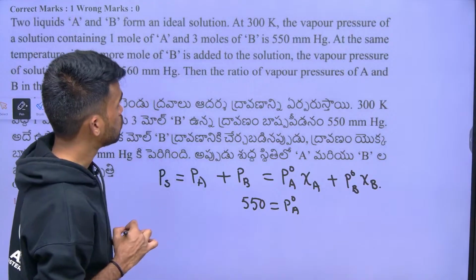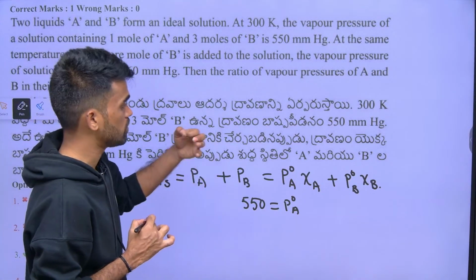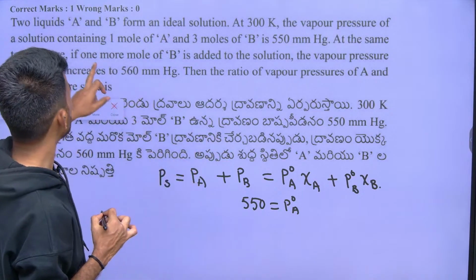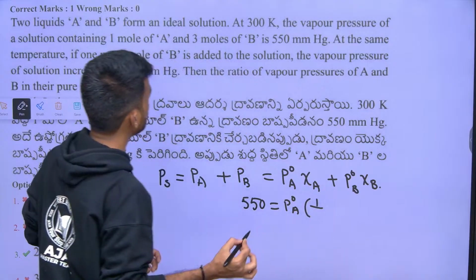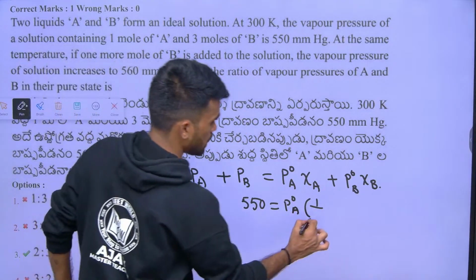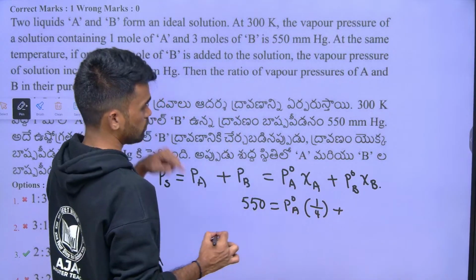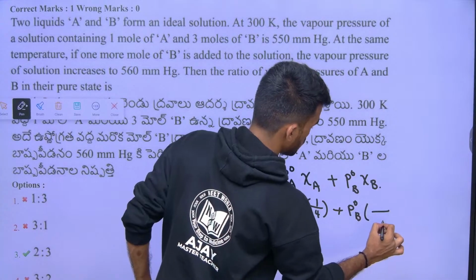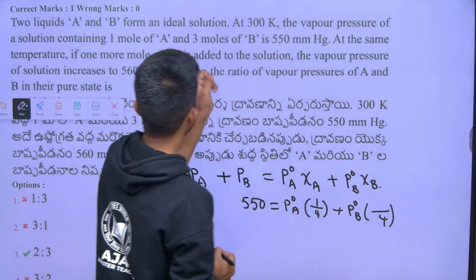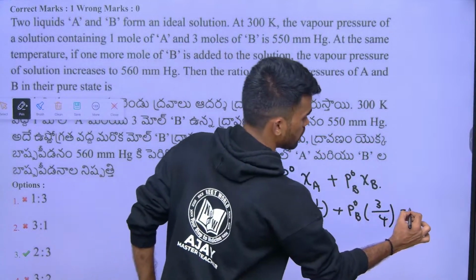Chi A means mole fraction of A, the number of moles of A by total number of moles. The number of moles of A is 1, so write 1 by the total number of moles, 1 plus 3, that is 4. And next, P naught B also we need to get, and chi B is 3 by 4, since the total number of moles is 4 and 3 is the number of moles of B. So this is equation 1, let us say.